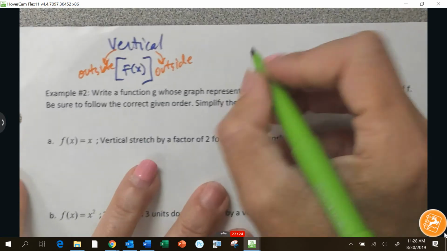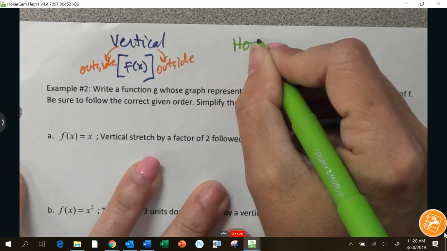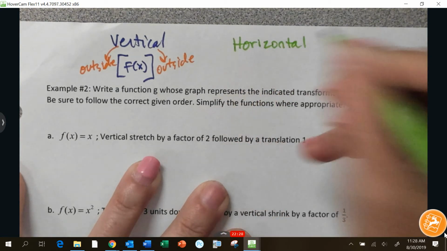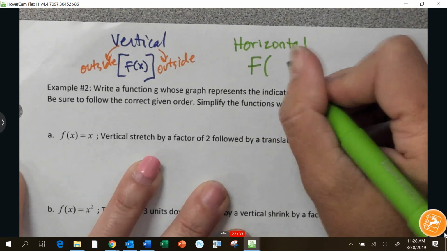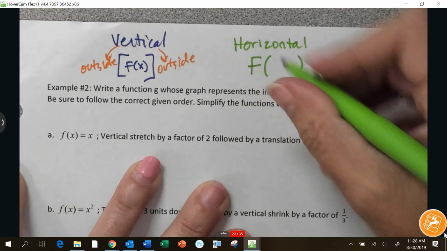If you have horizontal transformations, you're going to have stuff happening on the inside of the function.